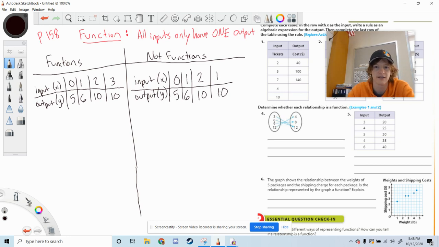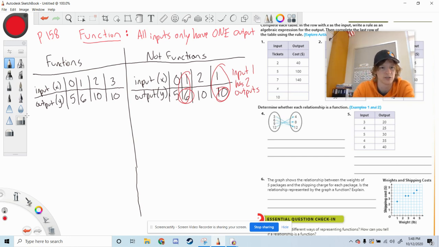The input of 1 has an output of 10. So this is not going to be a function because the input of 1 has 2 outputs. Okay, one of which is 6, the other one is 10. So instead of it being a function where all inputs have only one output, the input of 1 has 2 outputs, 6 and 10. So this is not a function.